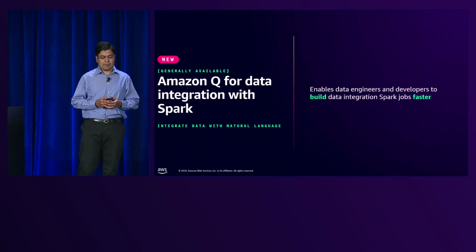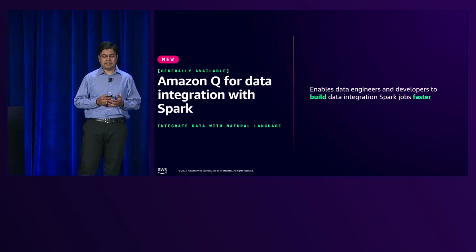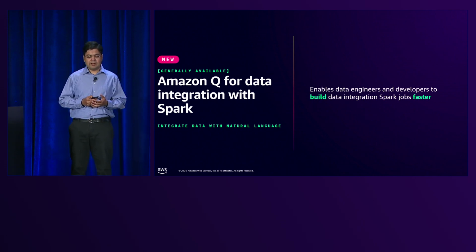Let's go over the first capability. We launched Amazon Q for data integration with Apache Spark earlier this year, wherein you can converse with your data and integrate it with natural language. Since we launched, a lot of developers and customers have used it, and they have been able to build data integration Spark jobs faster.